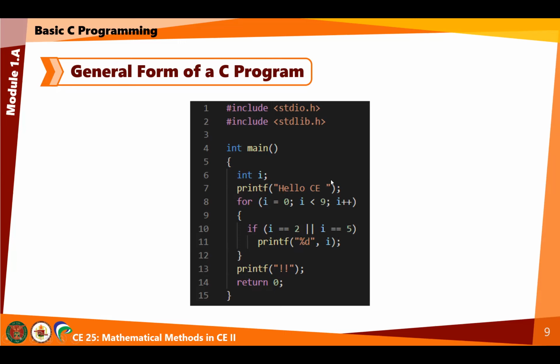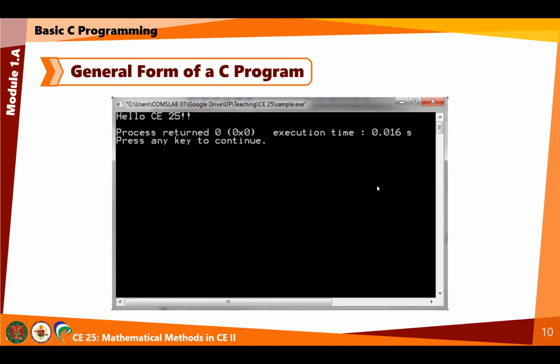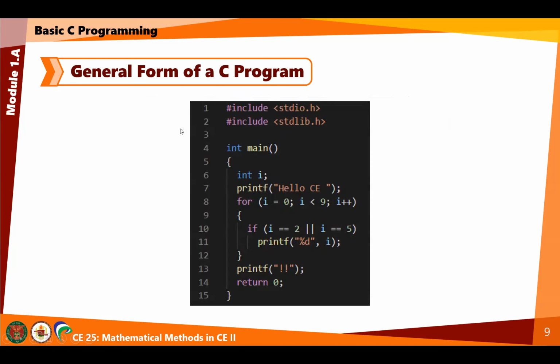So what the output will be, again, hello CE25. So una, print niya yung hello CE. Tama. Tapos pumunta ng for loop, in-evaluate niya kung yung I equals 2, hindi. So in-skip niya yun. Tapos 0 muna pala, tapos nadagdagan ng 1 yung I, naging 1, hindi pa rin equal sa 2 or 5.